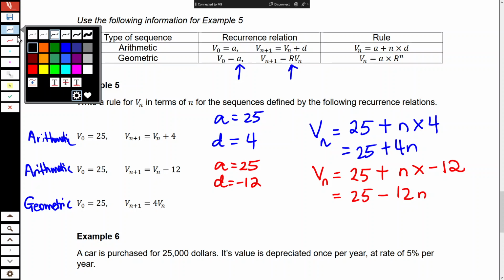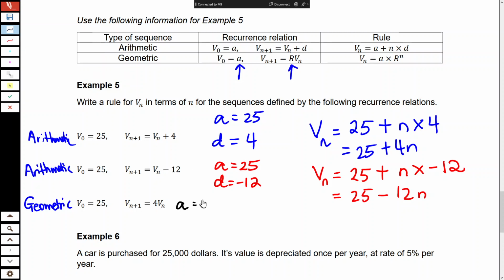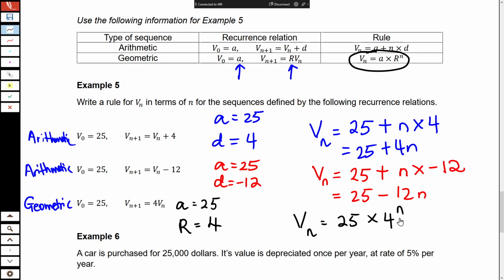So here, A is still 25 and capital R equals 4. And now I need to use this rule for Vn. So now it's going to be 25 times 4 to the power of n.